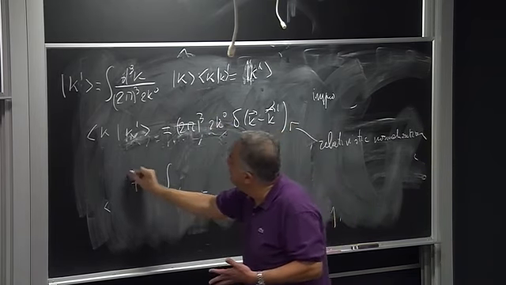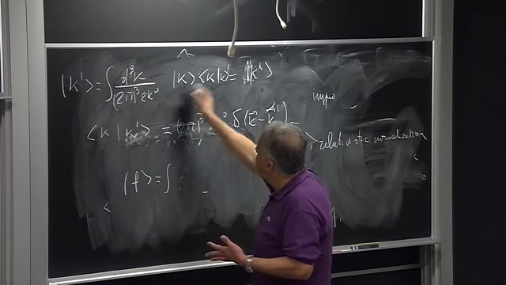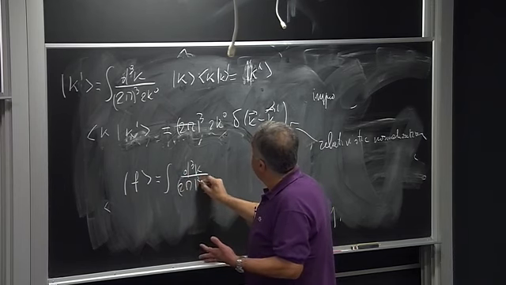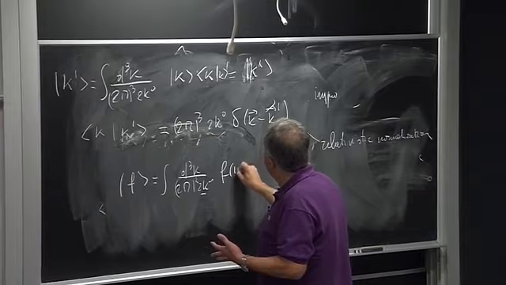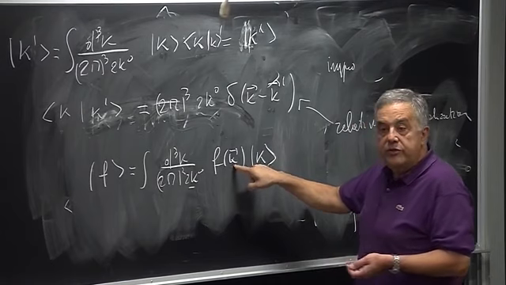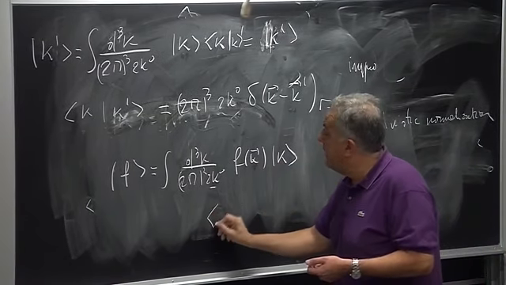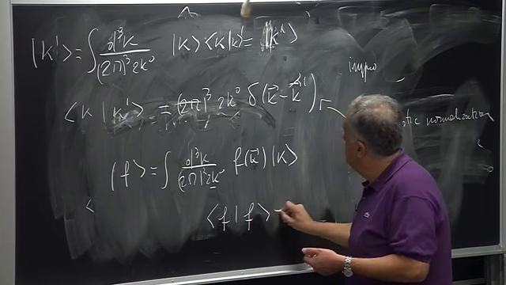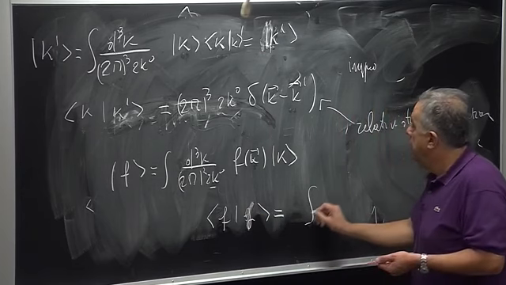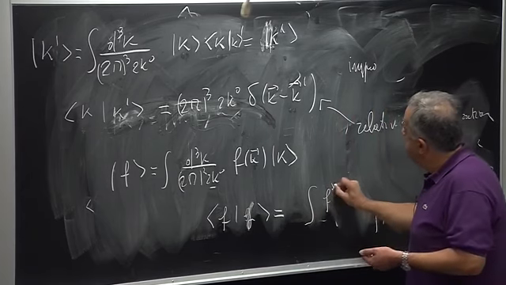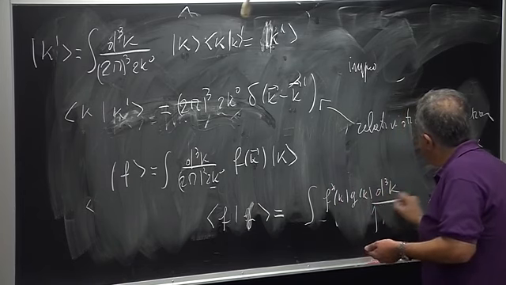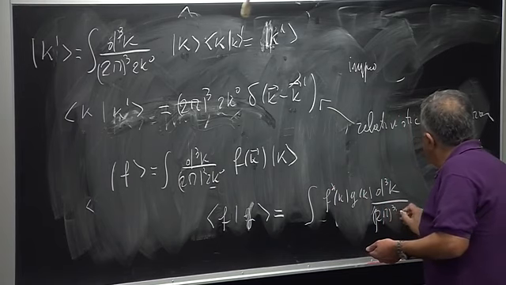So a state f, what is a state f? It is just an average over the states with a test function in momentum space depending on the three momenta, in such a way that the scalar product of f and g is the integral of f star k g k, d3k over (2 pi)^3 2k0.